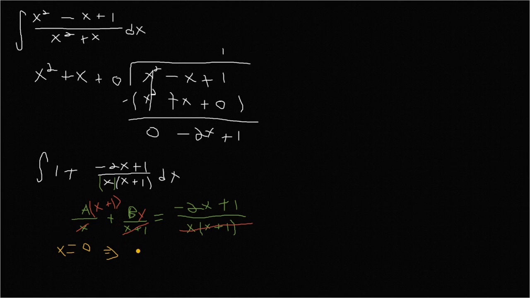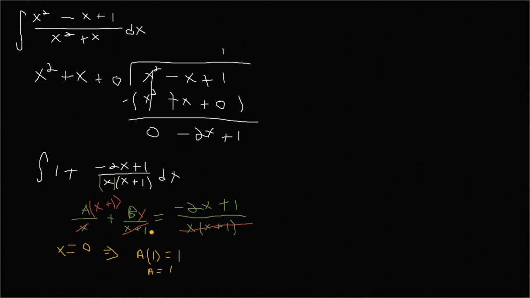And so we have a times 0 plus 1, which is just 1, is going to be equal to 0 plus 1. And so now we have solved for this a value. This whatever is over x is actually 1. So a is equal to 1.